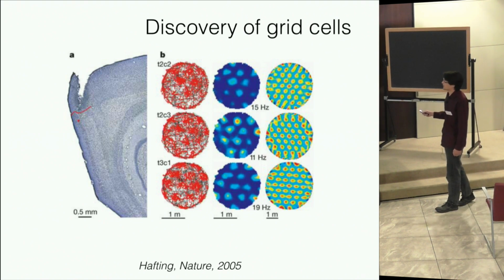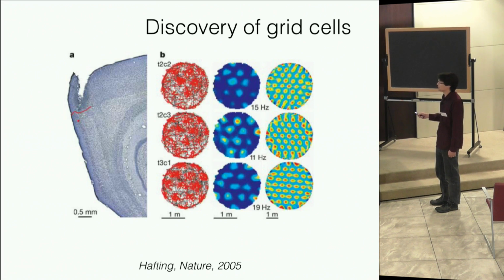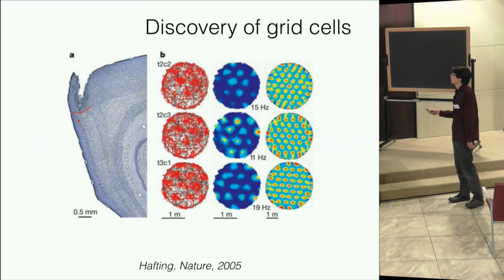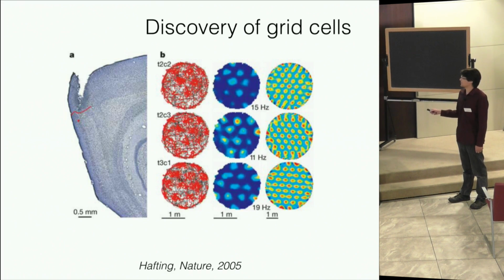And now what you see, as the rat is moving around, each red dot is like a spike or an evoked potential. And as the rat is moving around, you can see that there are certain points on a grid that these cells or these regions are active. And if you cross-correlate this activity, you find patterns that look like this.